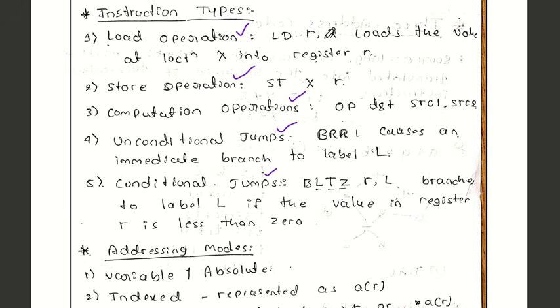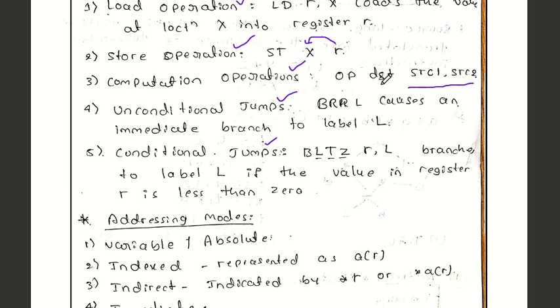See, LD r, x loads the value at location x into the register r. Here x is loaded to r, that's it. Store operation stores the value, again r is stored to x. Then computation operation distinguishes the source 1 and source 2.